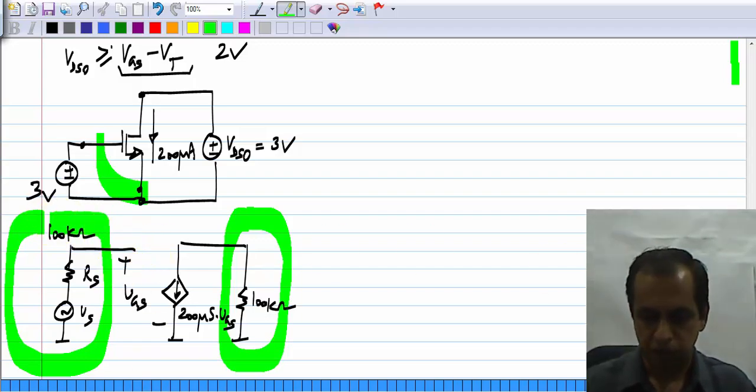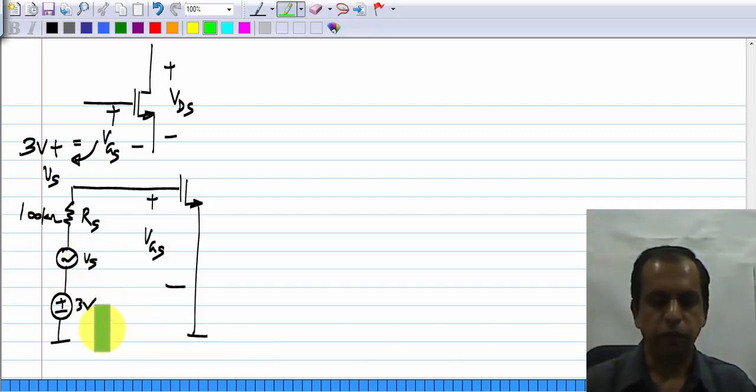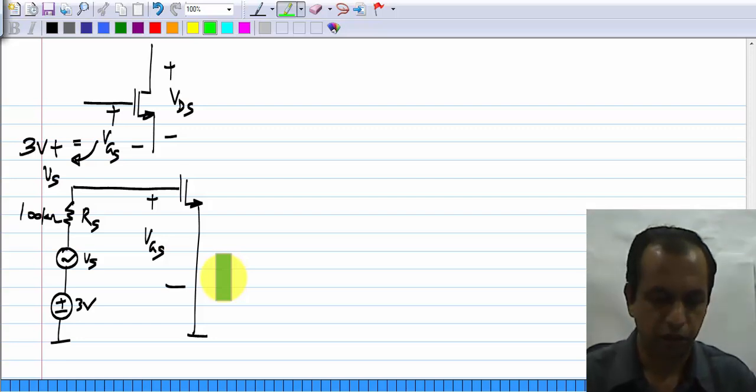Because this 3 volt is fixed, its increment is 0. So, it becomes a short circuit. You will have Vs and Rs between the gate and source.